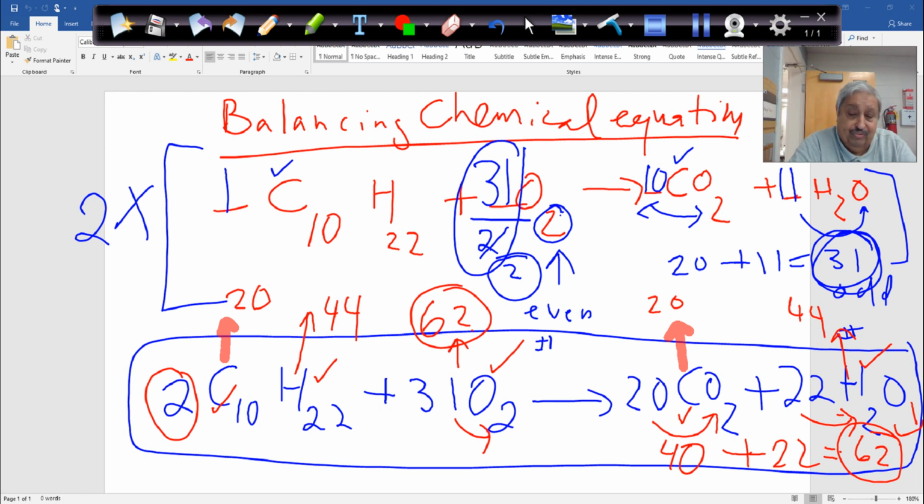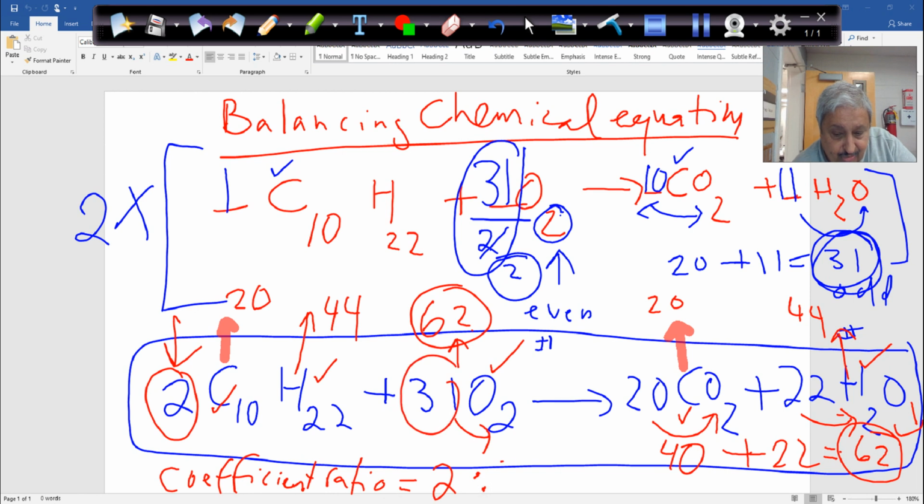So now what coefficients are we dealing with? Coefficient ratio. Now you might ask about this. This is 2, 31, 2, 20, 2, 22.